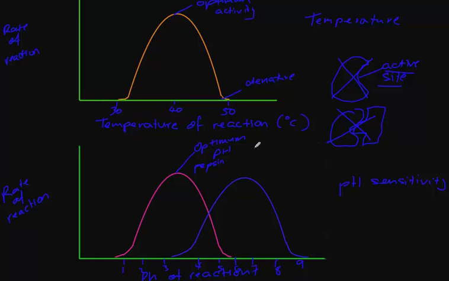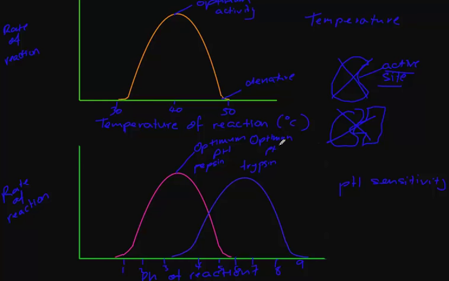The second curve is for the enzyme trypsin. Now trypsin works on proteins. It works in the duodenum, where the pH changes dramatically, so it actually works best around neutral or slightly alkaline. So the optimum pH for trypsin is vastly different to the optimum pH for pepsin.